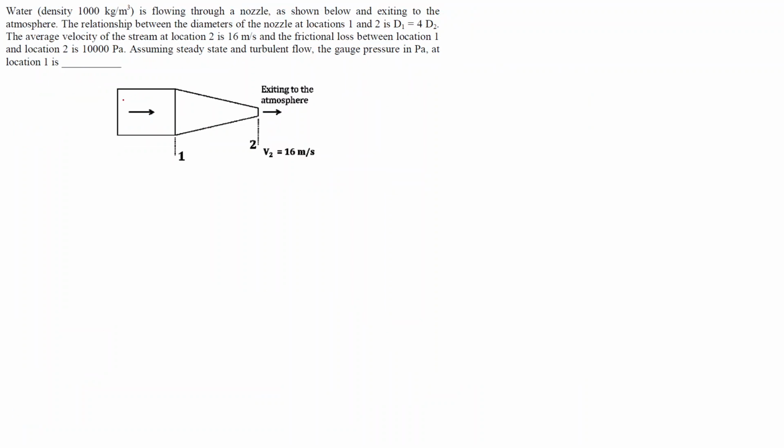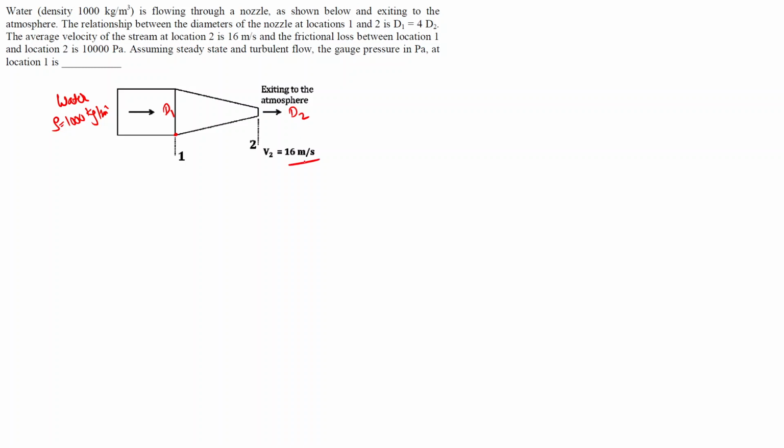So in this question, we have been given a nozzle through which water is flowing with a density of 1000 kg per meter cube. At location 1, the diameter is d1, and at location 2, the diameter is d2. The average velocity of the stream at location 2 is 16 meter per second.